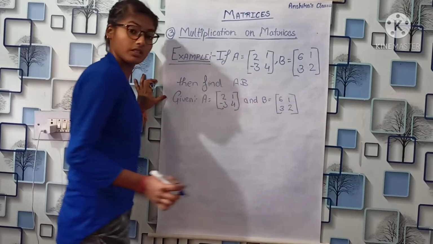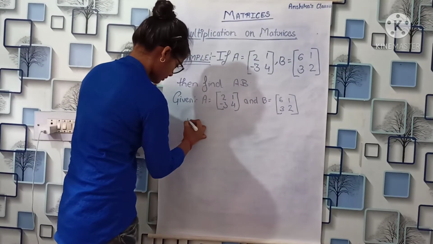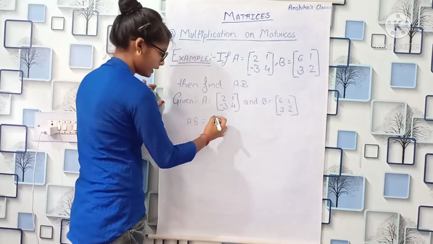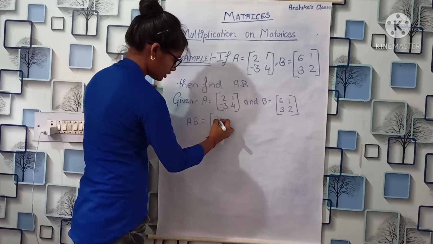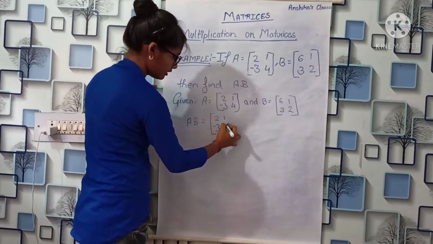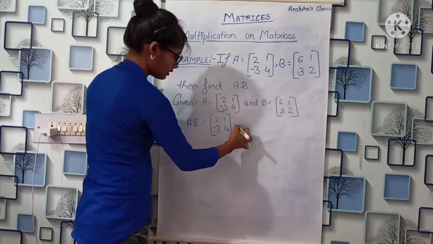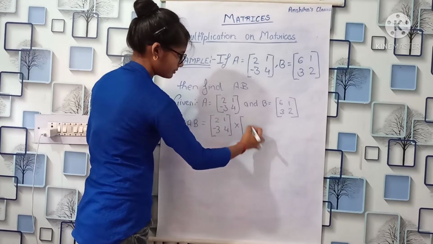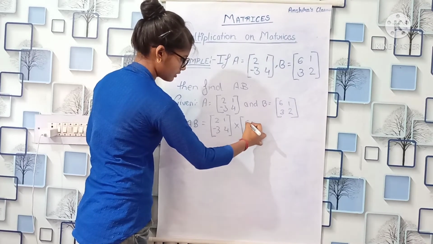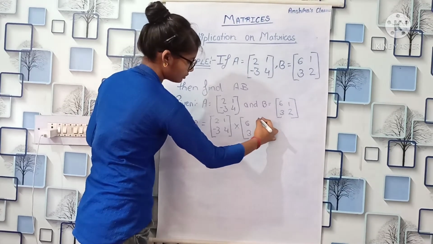Then the value is [2, minus 3; 1, 4] multiplied by [6, 3; 1, 2].